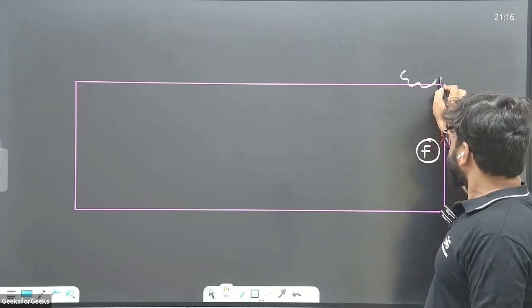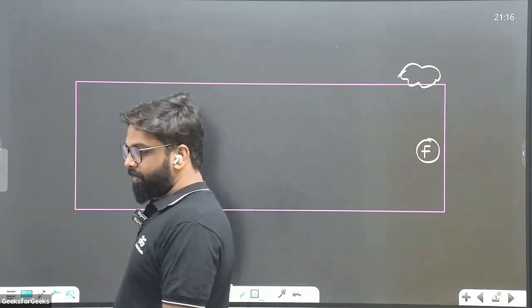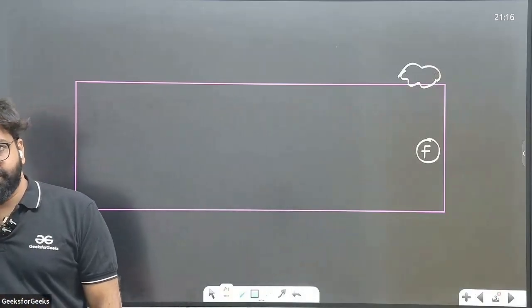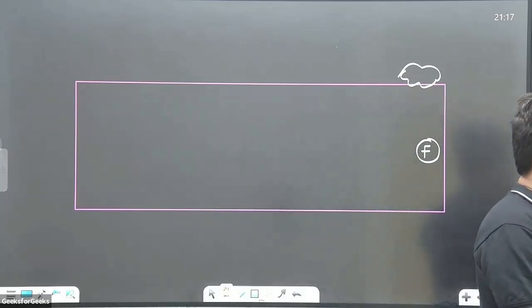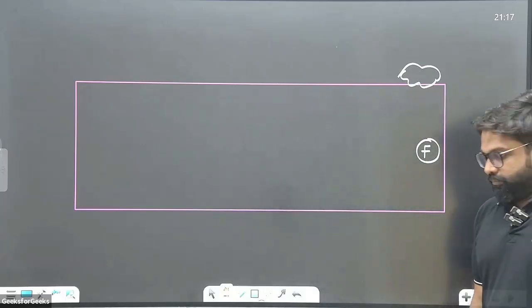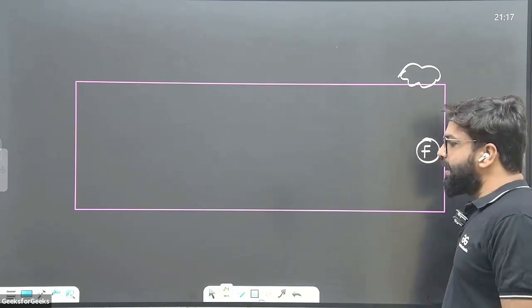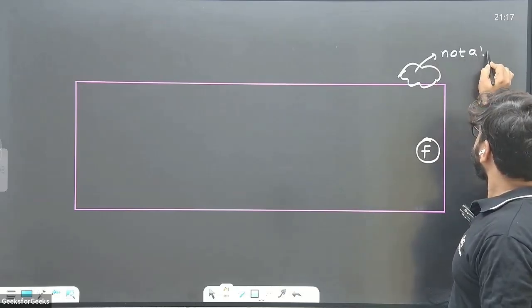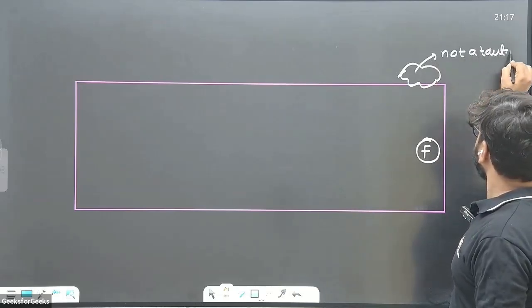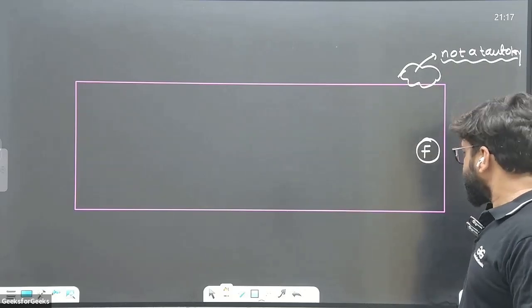You tell me, is this expression a tautology or not a tautology? Yes. So even if you see a single false over here, then we can say that this expression is not a tautology. Then this will become very simple, right? This expression is not a tautology.